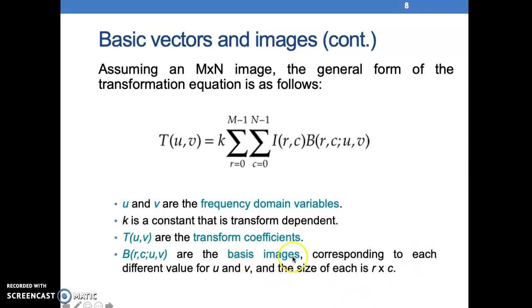The process is the same: you take the inner product of the spatial domain with the basis image, and at the end you get T(u,v), the transform coefficient.